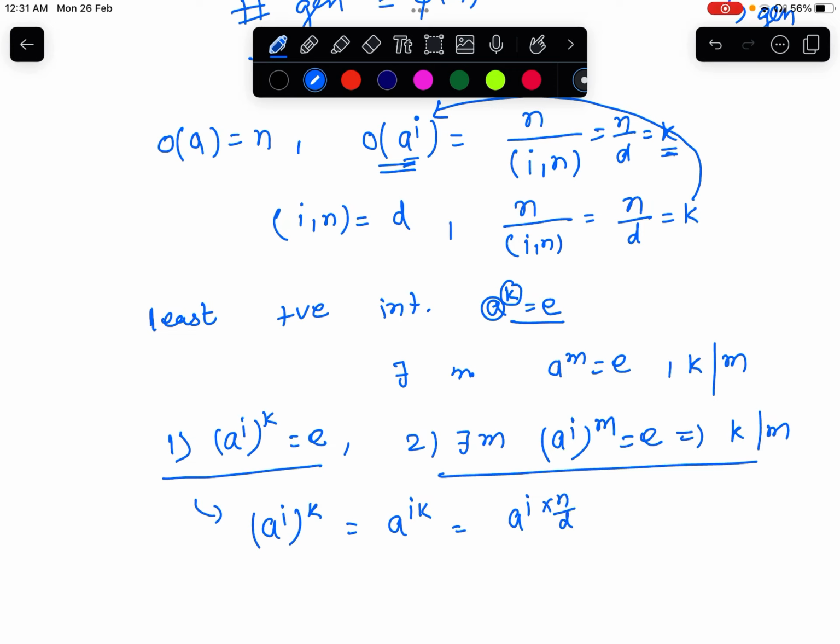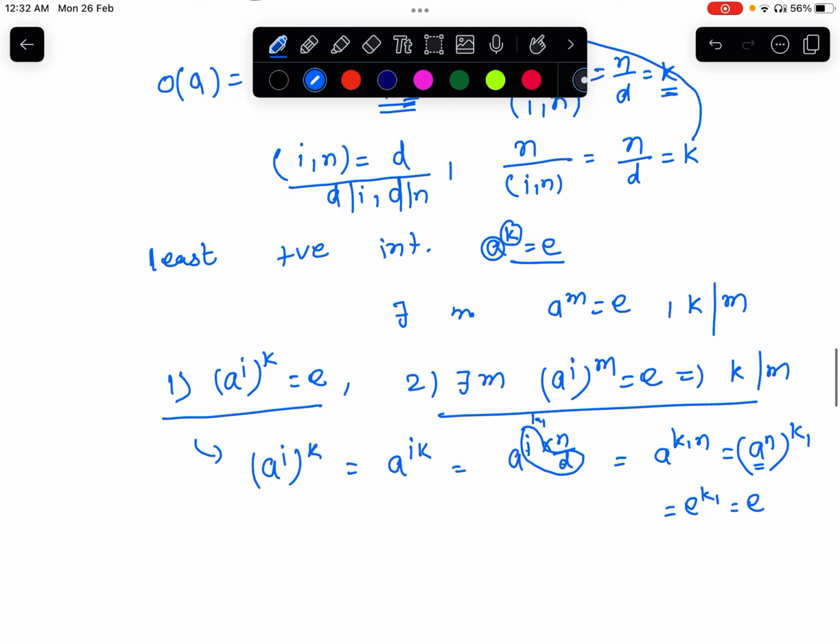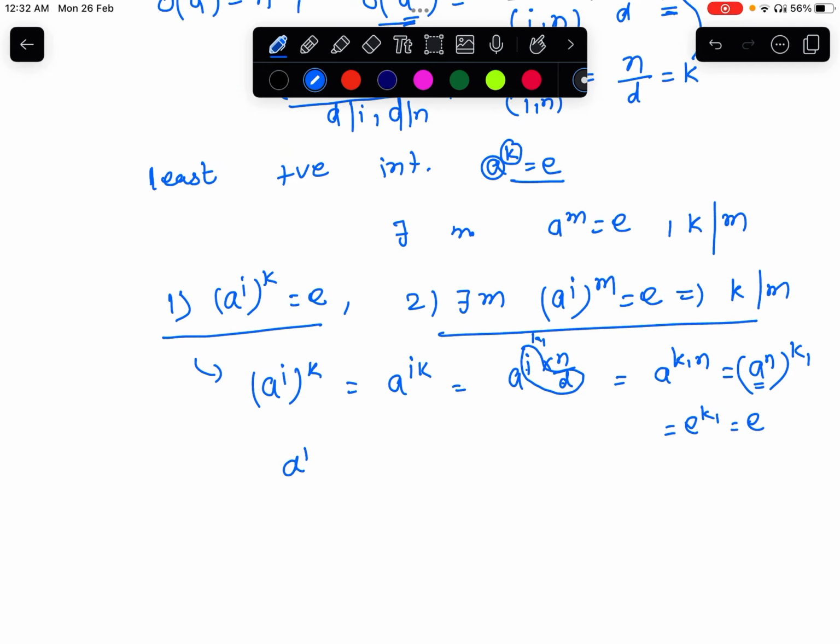Since d is the GCD of I and n, that means d divides I and d divides n. That means d divides I, so I by d will become an integer. Let us say this is k1. That means a to the power k1 into n, which is a to the power n to the power k1. Since order of a is n, that means a to the power n is equal to identity. That is identity to the power k1 is equal to identity. Hence, we have proved that a^I to the power k is equal to identity.